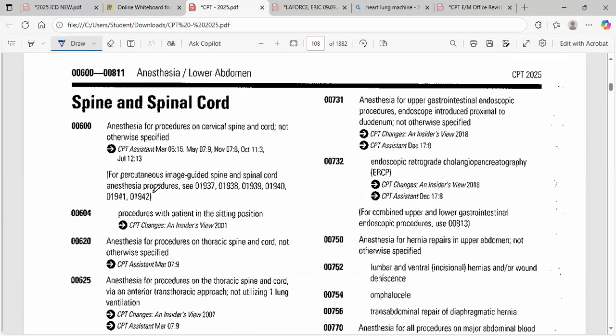And here we have the instruction that if there is a percutaneous image guided spine and spinal cord anesthesia, we have to use 01937 series. If it is a normal anesthesia, we have to use this one. If it is image guided, it means under a fluoroscopic image, under the X-ray image.